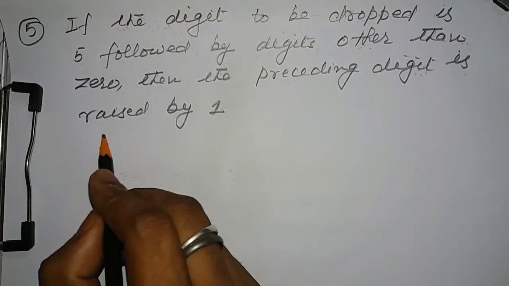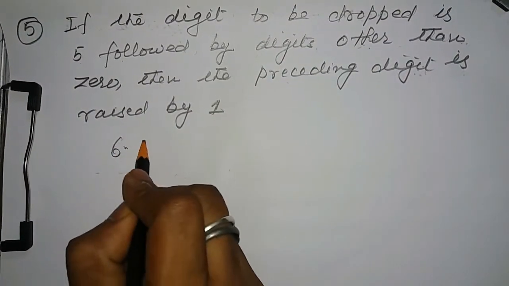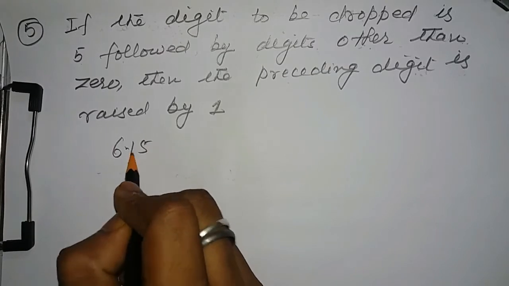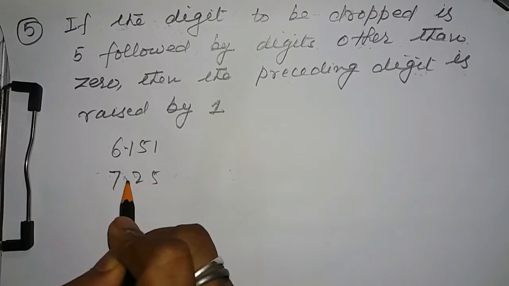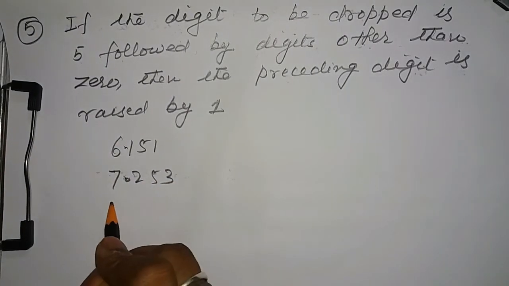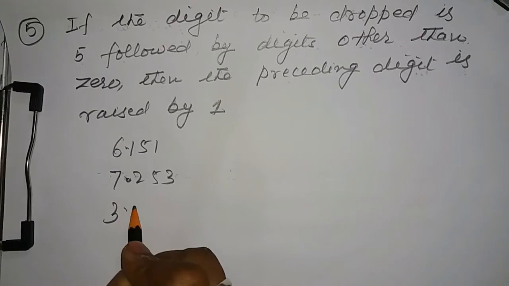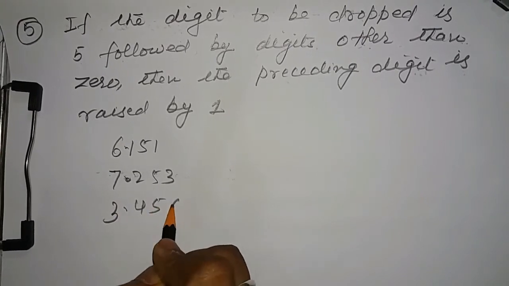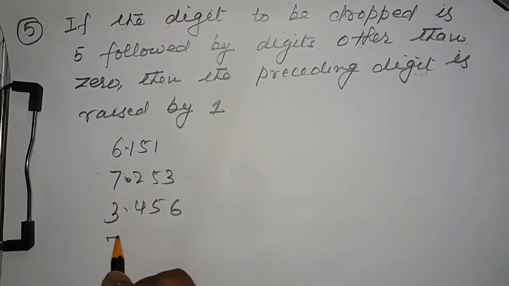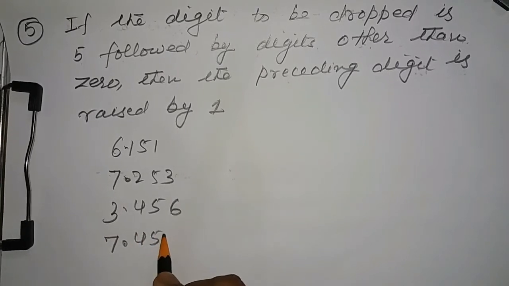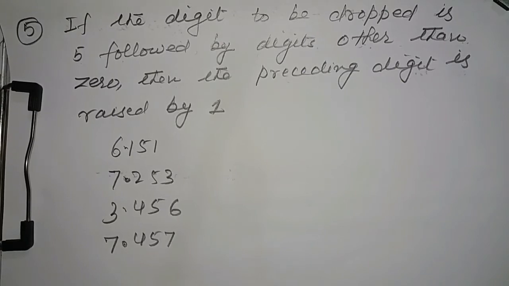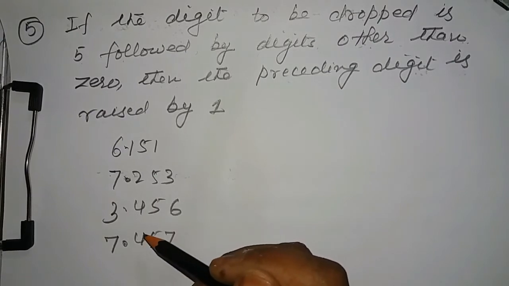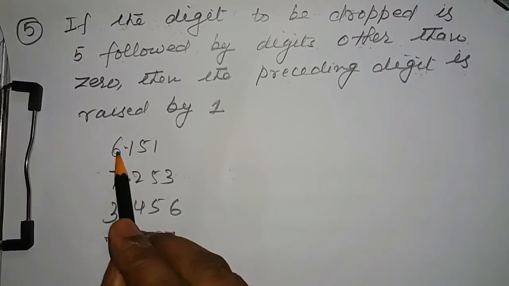Just take one example: 6.151, 7.253, 3.456 and 7.457. Now I have to write all these figures in two significant figures.